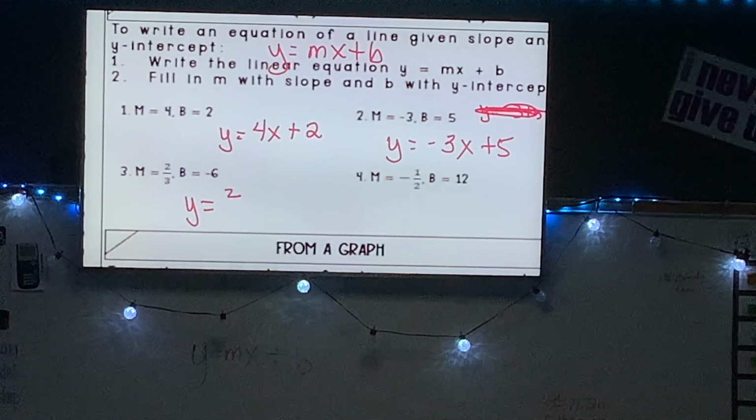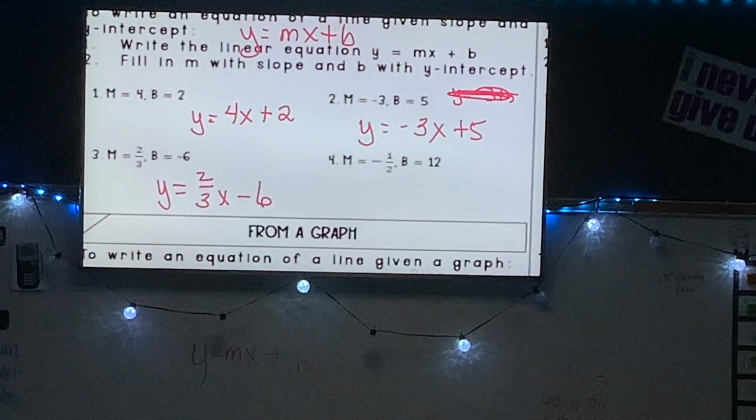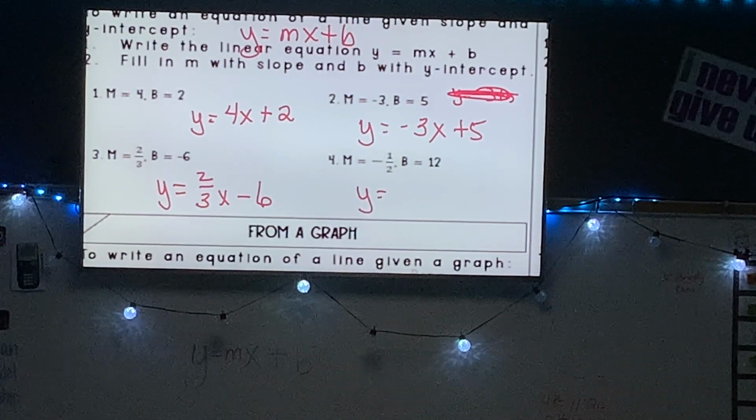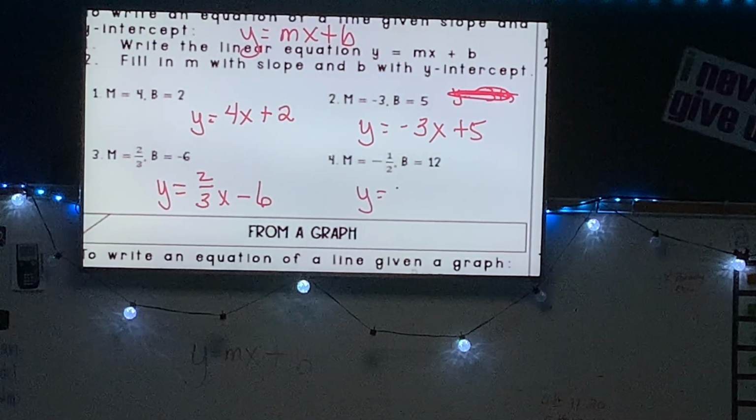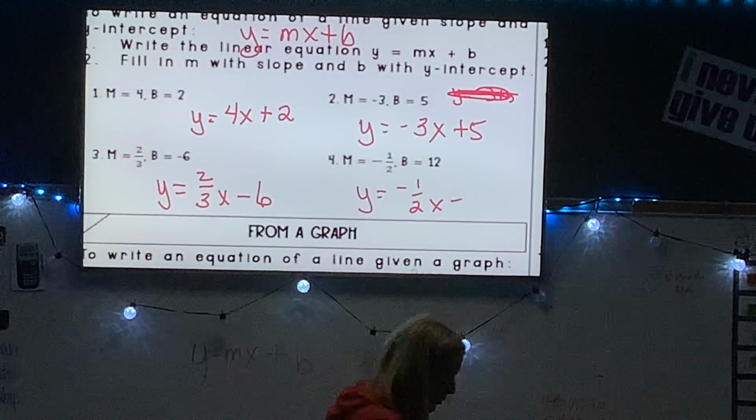So we have 2/3x minus 6. And number 4, y equals negative 1/2 x plus 12.